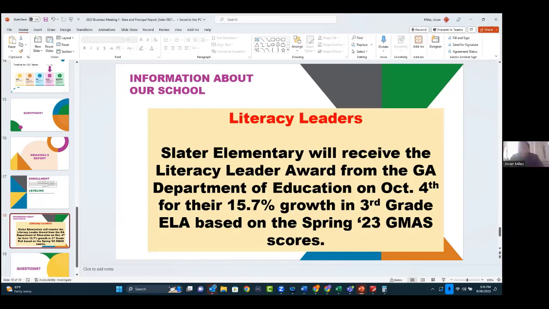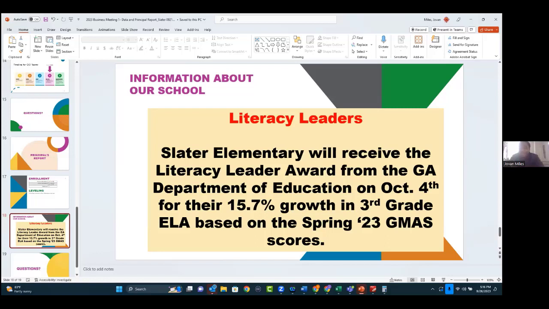Congrats. The number of elementary schools in the state fluctuates from year to year, but in general, you can count on about 1,200 elementary schools in the state of Georgia. So being one of 155 means we are among the top 10 or 12% of schools in the state to receive this award. We're receiving it for growth.